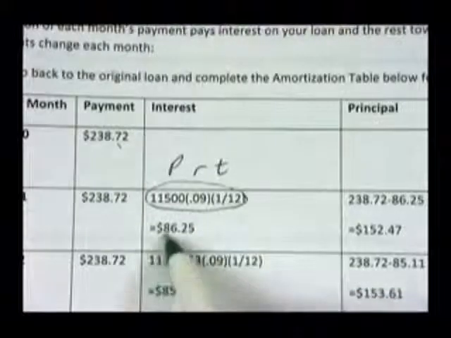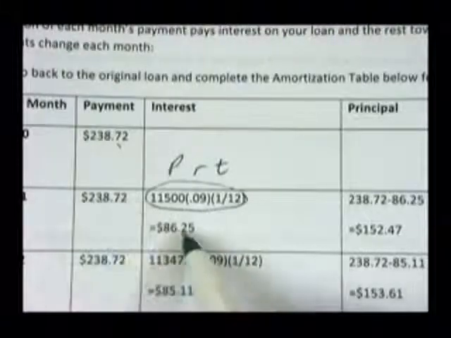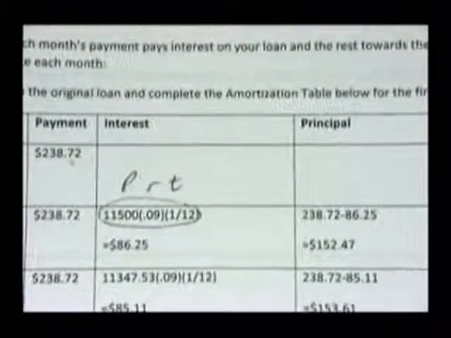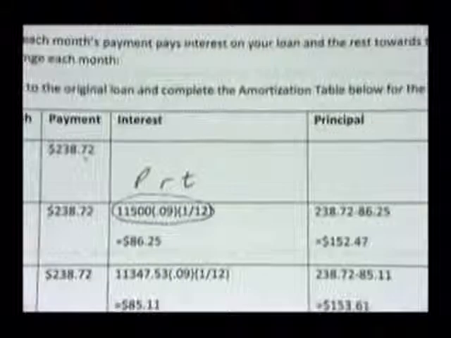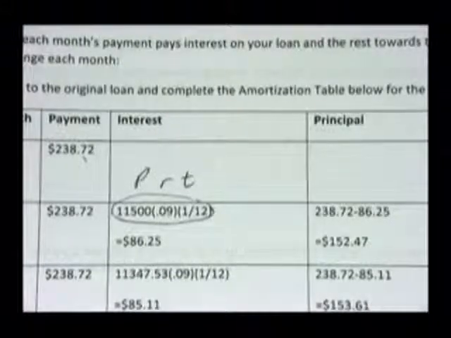And when we multiply that all out, we get $86.25 is how much of that payment is going to interest. So if that much is going to interest, and of course you always pay interest first. Banks are very interested in getting their money back.